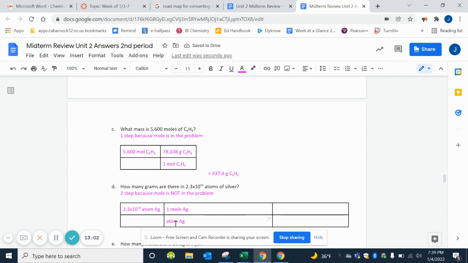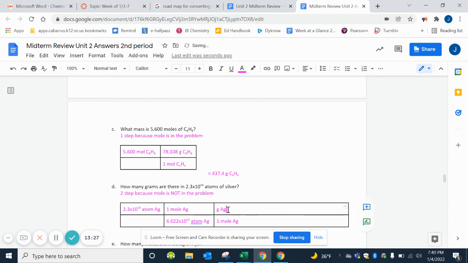A for atoms is a part of IPAM, so we're going to use our Avogadro's number. Now we don't want moles, we want grams, so we're going to do that one more time. We're going to take that unit and substance, bring it down diagonally to the bottom. When you have mole on the bottom, you can put whatever unit you want on the top, which in this case is grams. 1 always goes with mole.